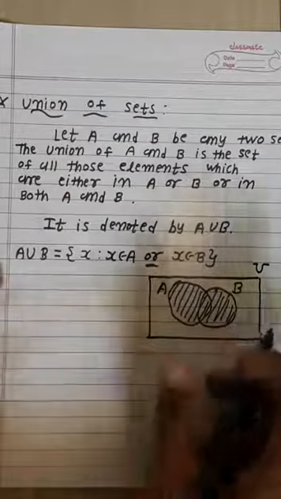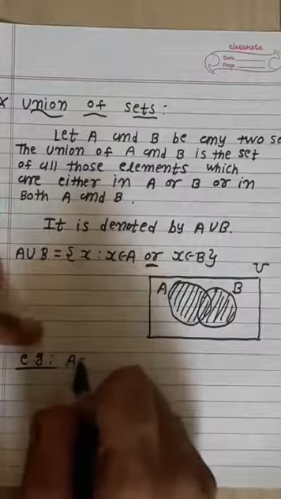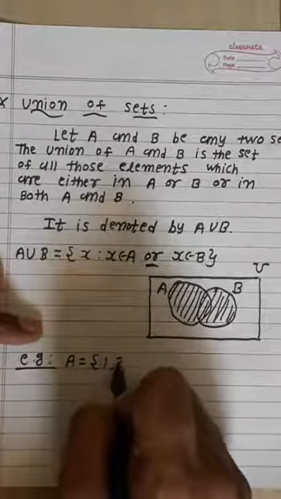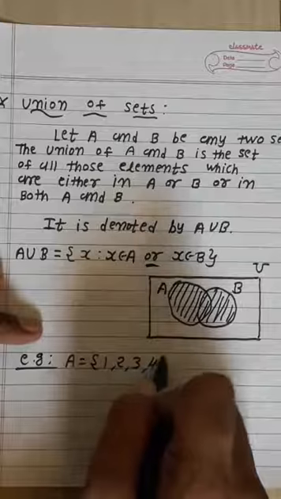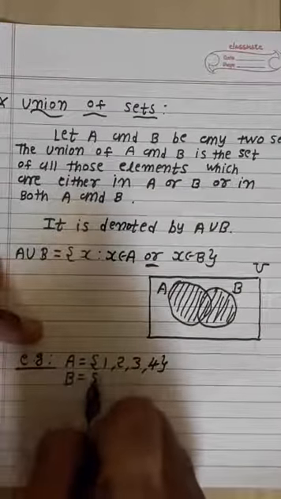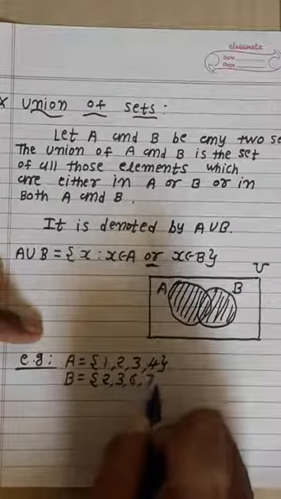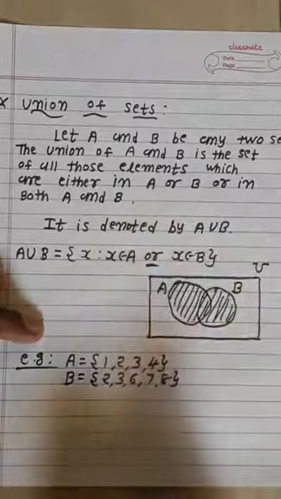Now we can take one example. A is equal to the set of 1, 2, 3 and 4, and in set B the elements 2, 3, 6, 7, 8 are present.